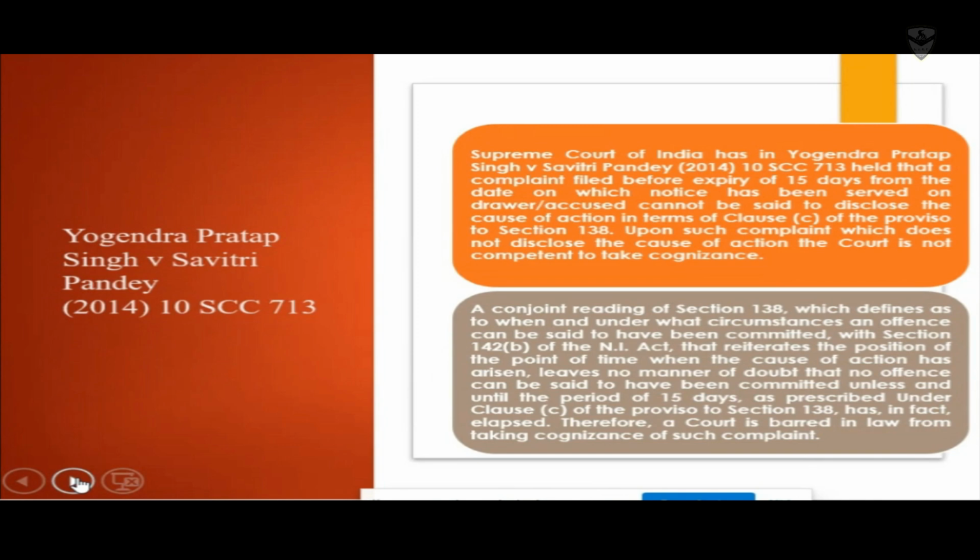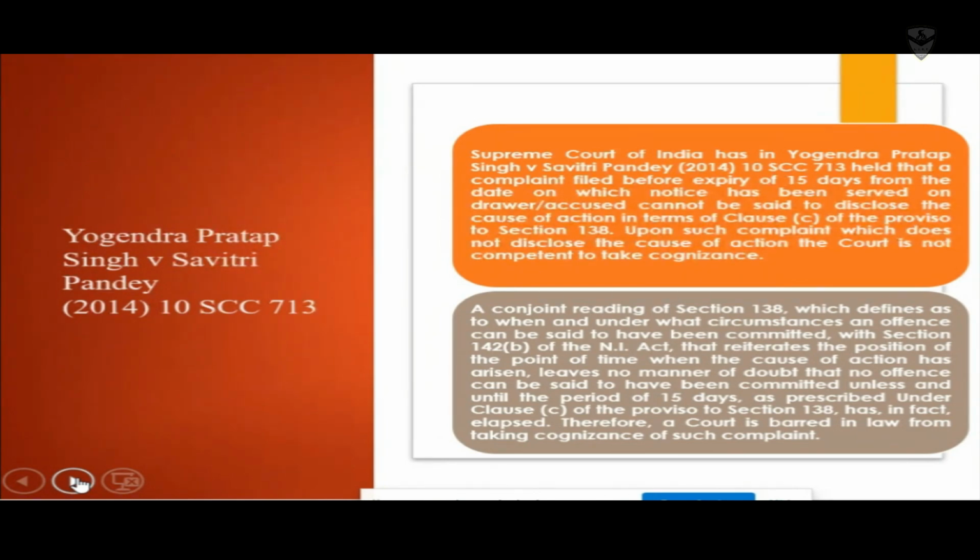A conjoint reading of Section 138, which defines when and under what circumstances an offence can be said to have been committed, and Section 142(b) of the NI Act, which reiterates the point of time when the cause of action has arisen, leaves no manner of doubt that no offence can be said to have been committed unless and until the period of 15 days as prescribed under clause (c) of the proviso to Section 138 has in fact elapsed.